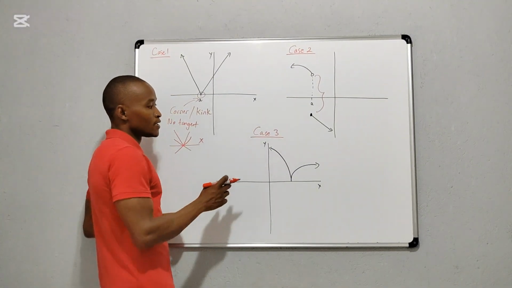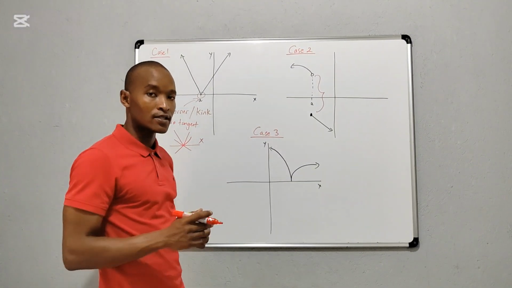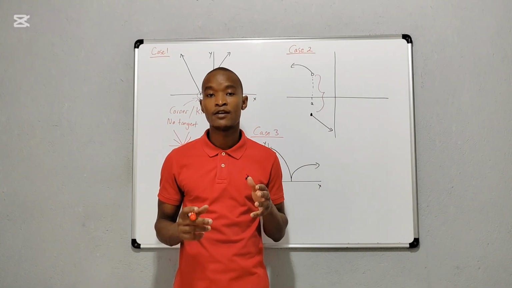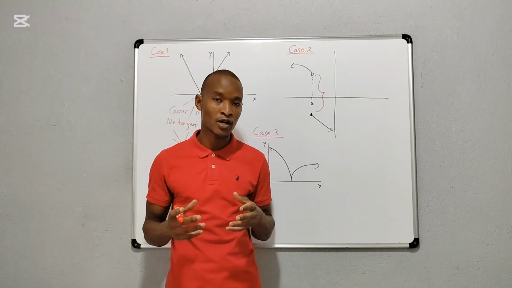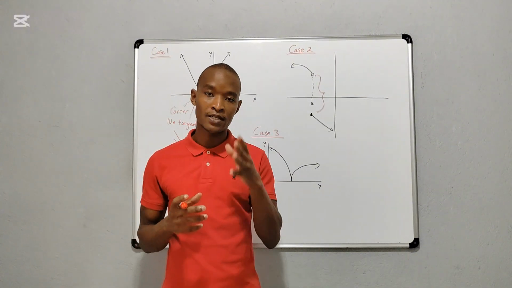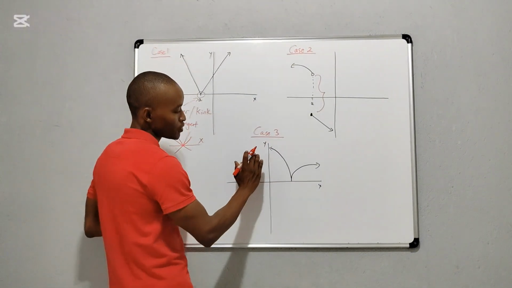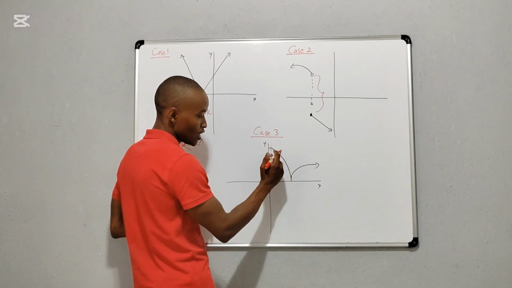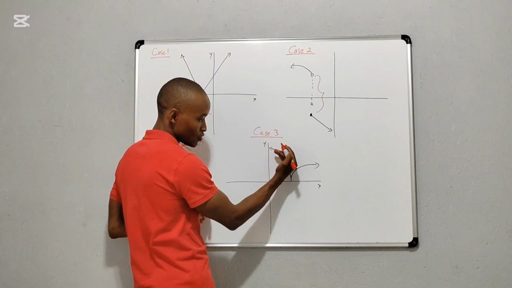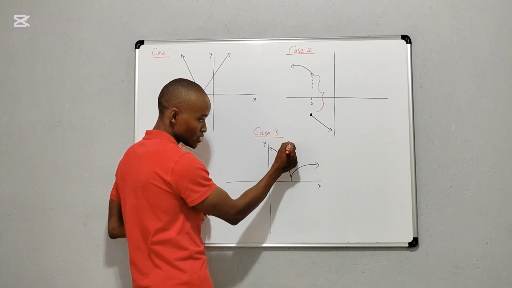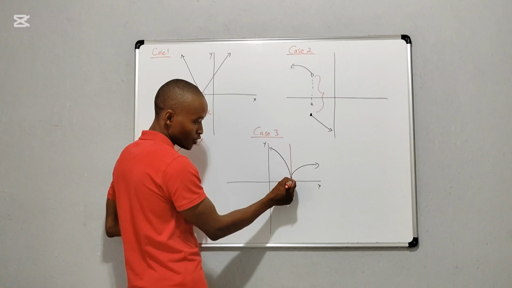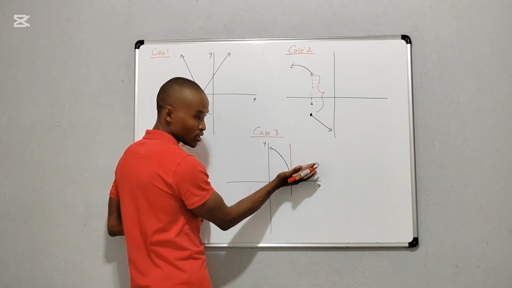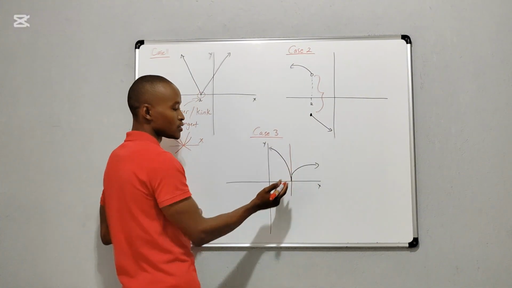Okay. Case 3 is when you end up with a vertical tangent. You know that vertical lines have an undefined gradient, and therefore it becomes a futile exercise to talk about a gradient function if you have a vertical line. So if you check the progression of this function, it's decreasing in terms of its rate of change. And if you get a collection of tangents that accumulate, you end up with a tangent at that point that is vertical. And then you now have tangents with an increasing gradient, because now it starts to increase.